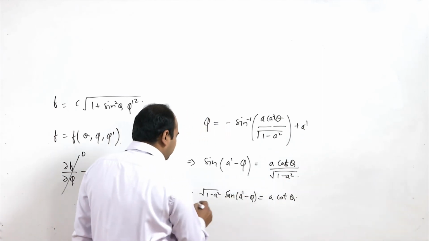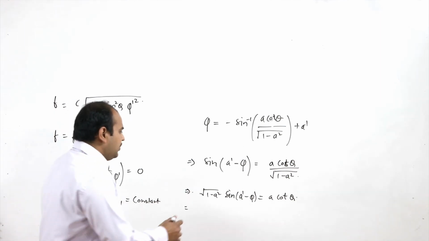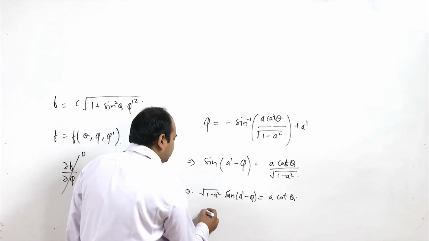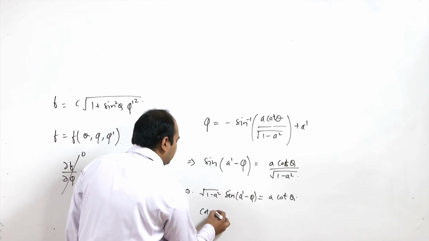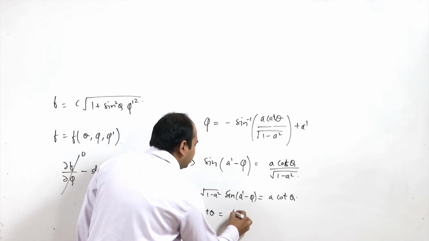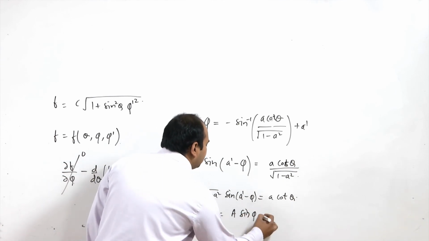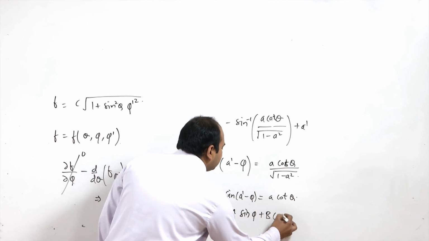So here when you simplify using the formula for sine of a minus b, you can write cot of theta is equal to some constant times sine of phi plus some constant times cos of phi.